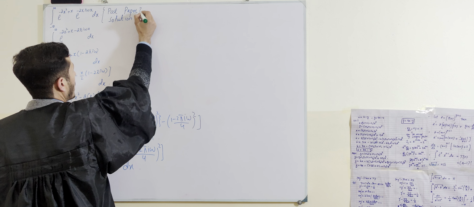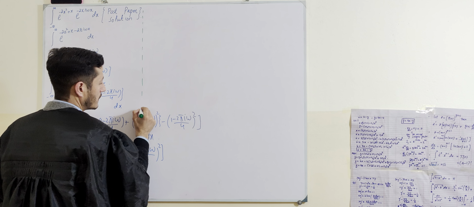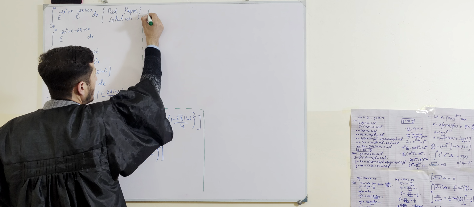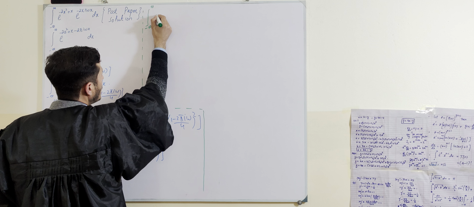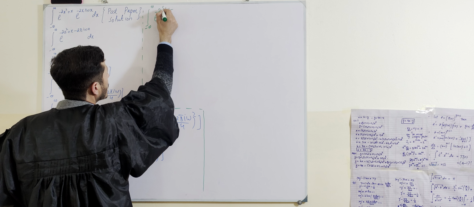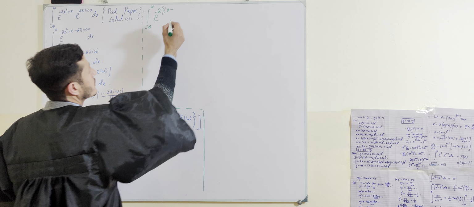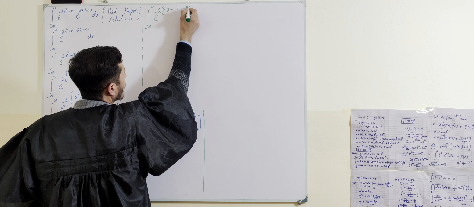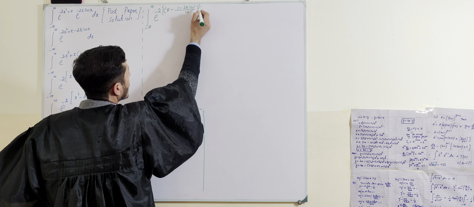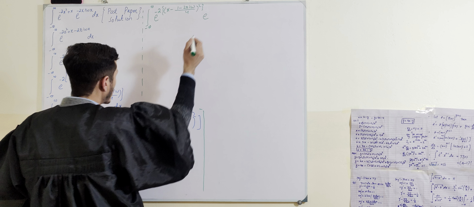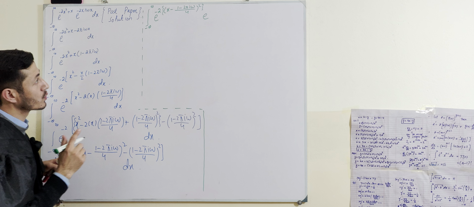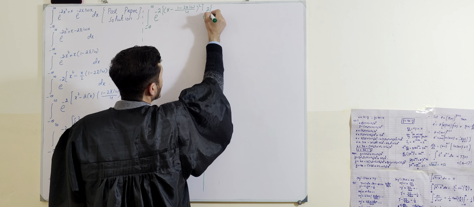So it becomes the integral from minus infinity to infinity of e^(-2(x - (1 - 2πiω)/4)²) times e^(2((1 - 2πiω)/4)²) dx, since the minus 2 multiplied with the minus becomes plus 2.